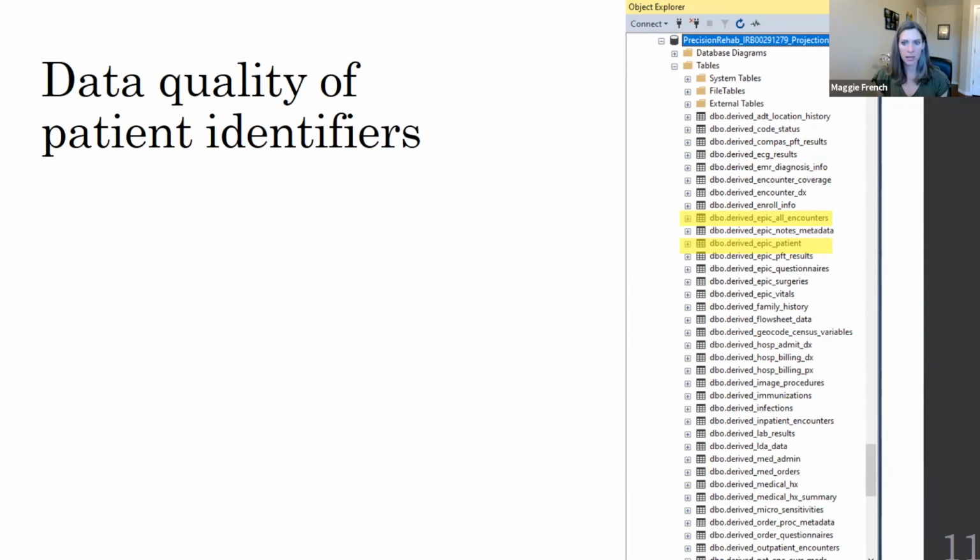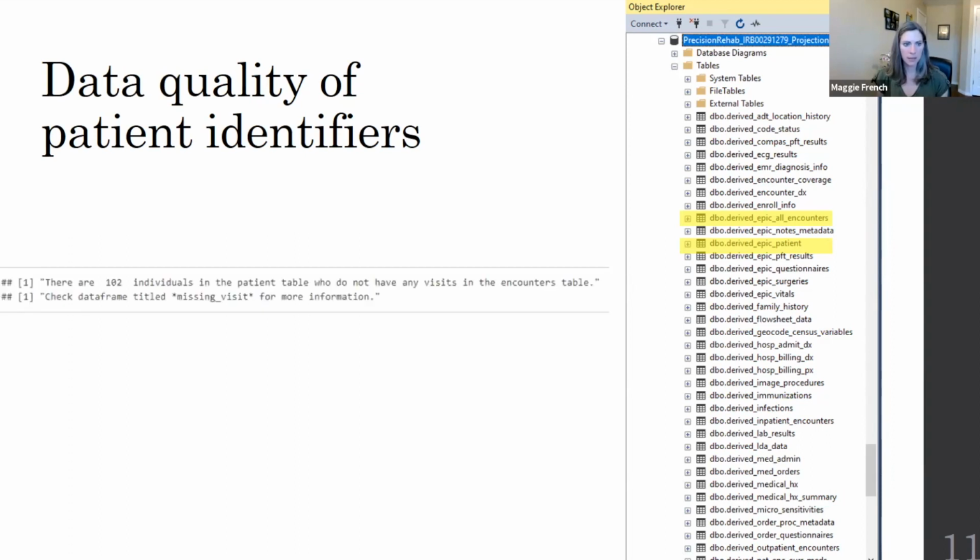And when we check this in our repository, we actually see that there are 102 individuals who are in our patient table but don't have any encounters with our healthcare system. And what this really means is that we have to go back in and inspect what's going on with these individuals to see if there's something wrong with our data set or if there's something else going on that's causing this issue in conformance.